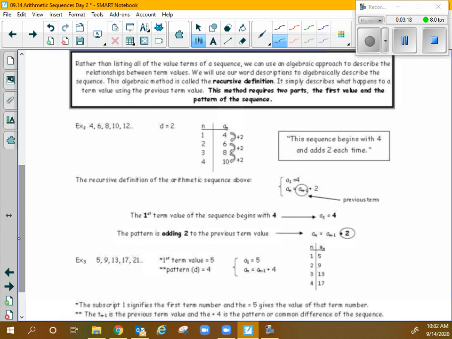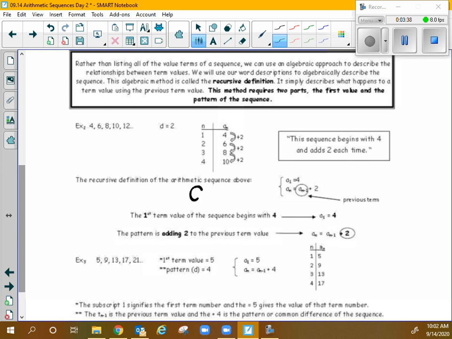All right, so there's nothing for us to fill in down here, but it's basically a description of a recursive rule. If my example is 4, 6, 8, 10, 12, I know my common difference is 2. So the recursive rule is this. It says A of 1.